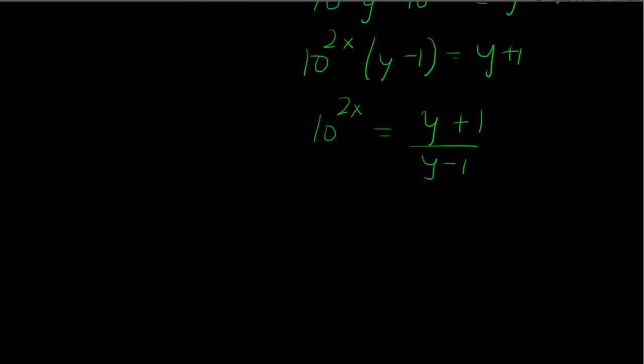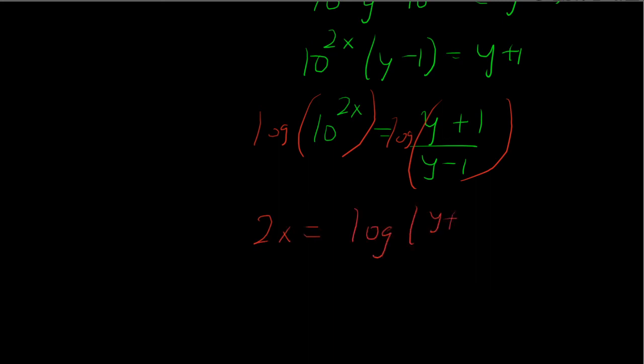Okay, so now I can take the log of both sides. So that's 2x equals log of (y + 1) over (y − 1). So x would just be 1/2 log of (y + 1) over (y − 1).